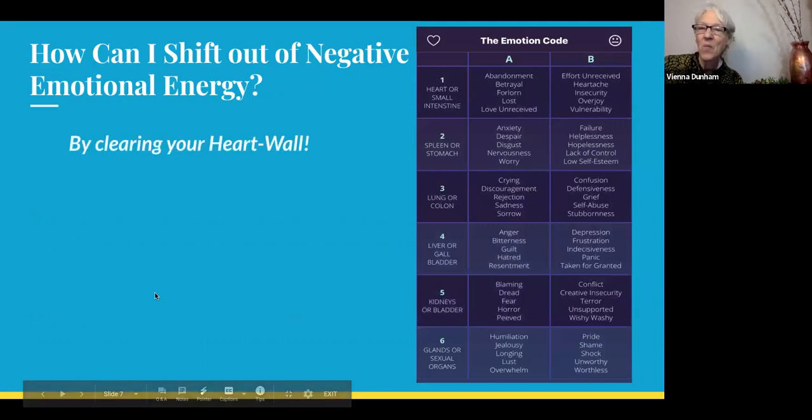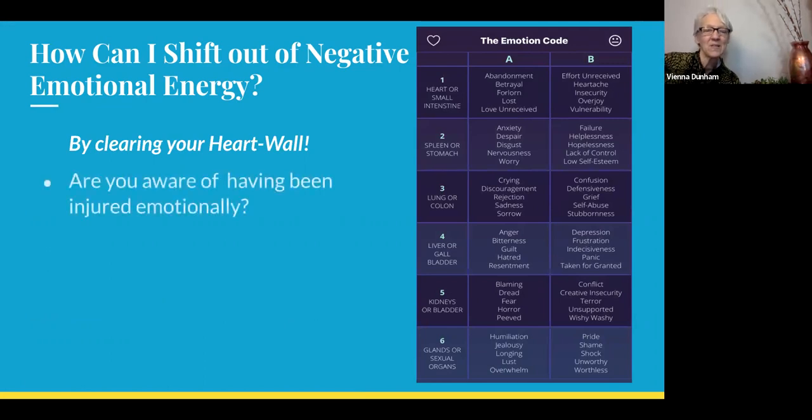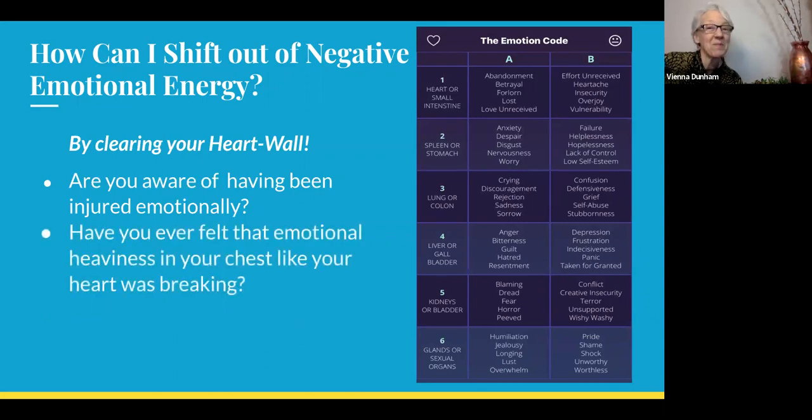And another way that we can shift, what Shifra spoke about, out of that negative emotional energy is by clearing the heart wall. So we could ask ourselves questions like, am I aware of having been injured emotionally anytime in my life? And have I ever felt an emotional heaviness in my chest, like my heart was breaking?